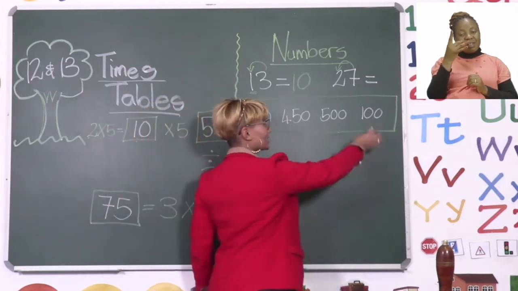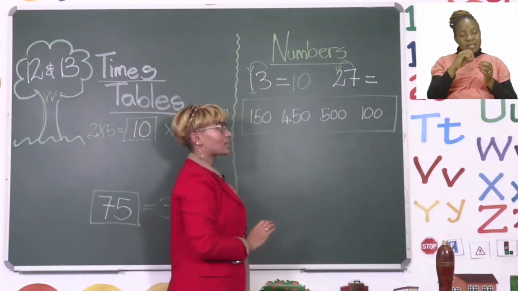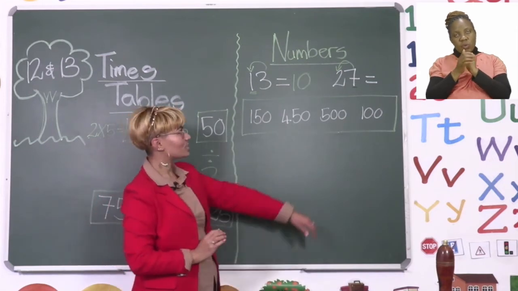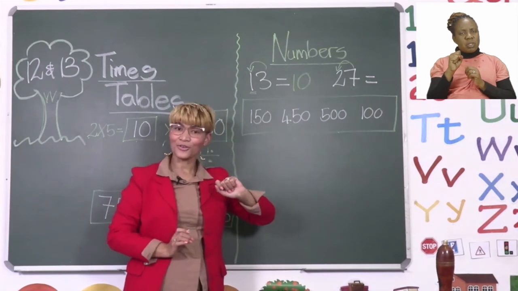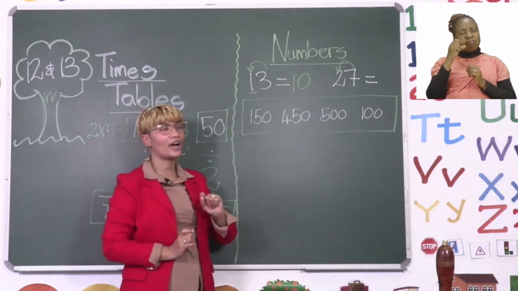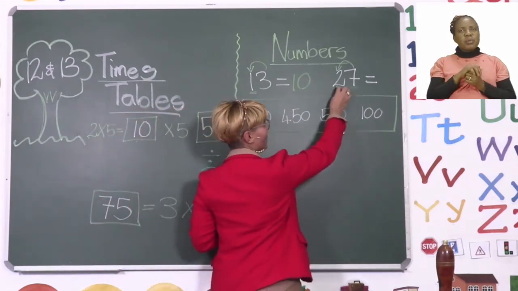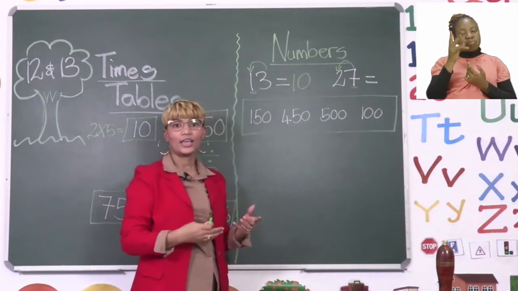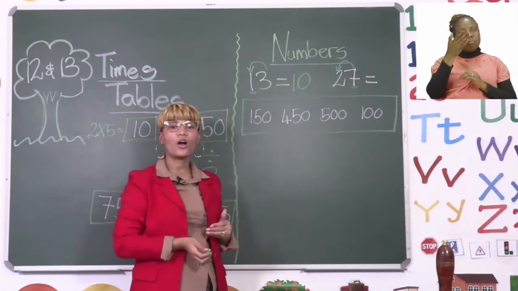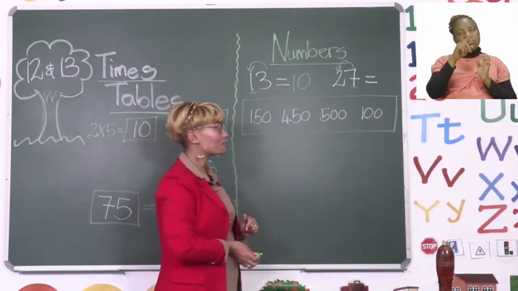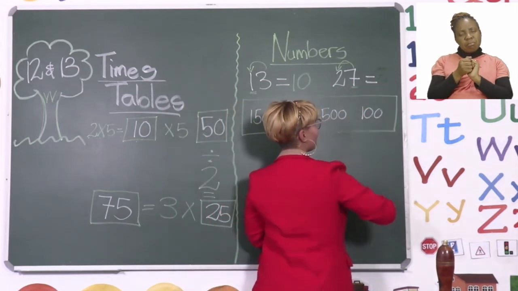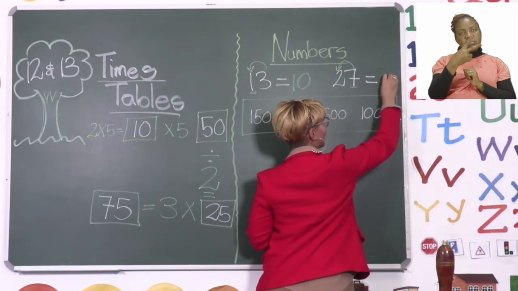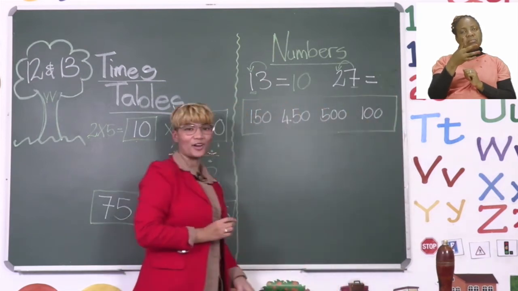Do you think our units is more? Can you see this is the number 7? Yes, it's more than 5, which means our tens will now increase. If we round it off to the nearest 10, 27 will then become 30. There we go.